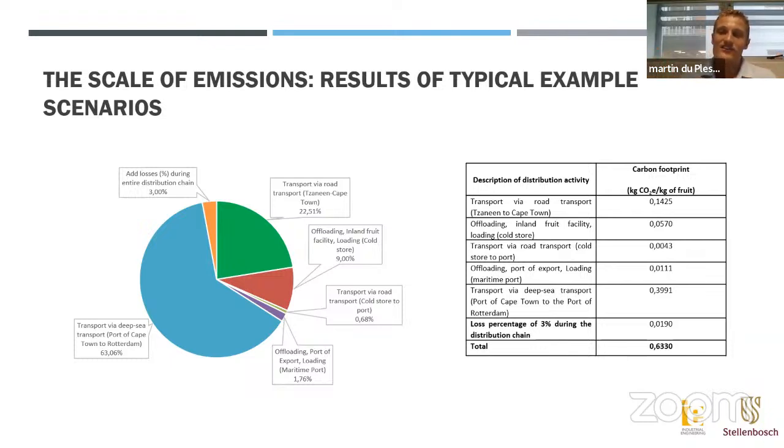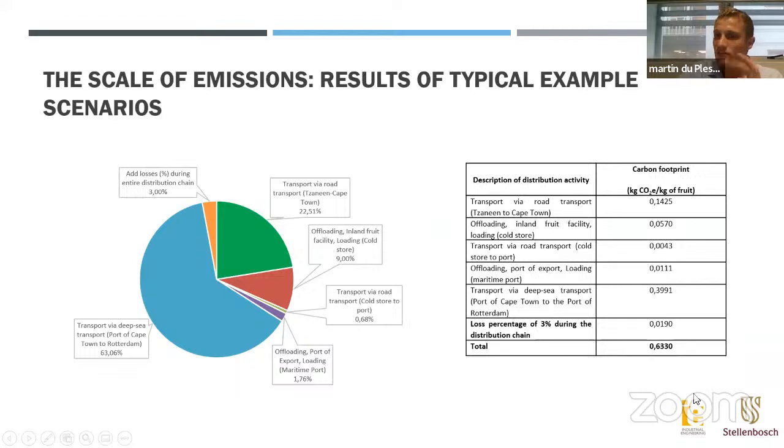So the result is that to distribute 1 kilogram of fruit from Muketsi to the port of Rotterdam emits 630 grams of emissions. I moved 1 kilogram of fruit halfway across the world, and moving that 1 kilogram of fruit emits 630 grams, or 0.63 kilograms.